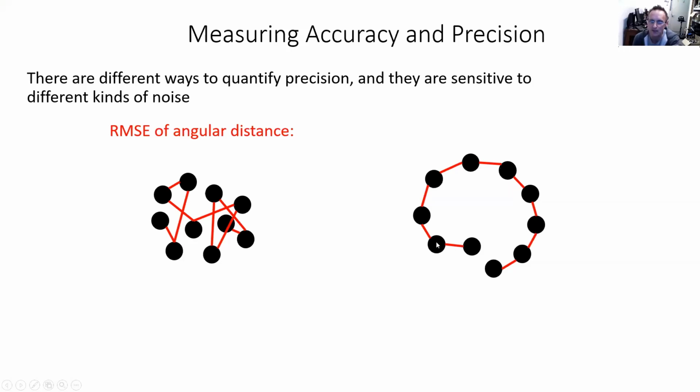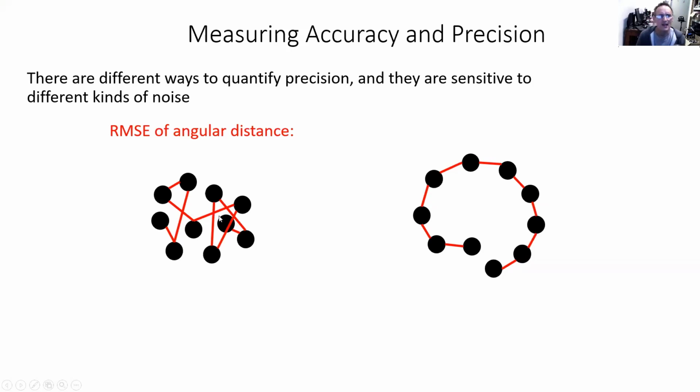This is the sample to sample bit of the RMS S2S. And what you can see now is that, in fact, if we measured precision with root mean square sample to sample, this data would actually be more precise, because the average of all of these red lines is shorter than the average of all of these red lines. Some are short, some are long, but on average, these are going to come out as slightly longer.